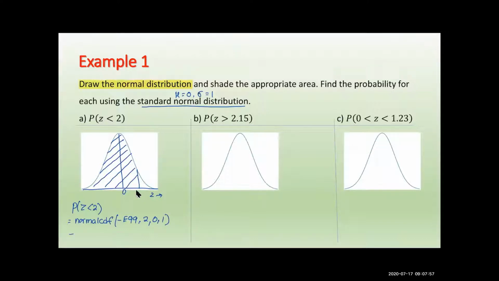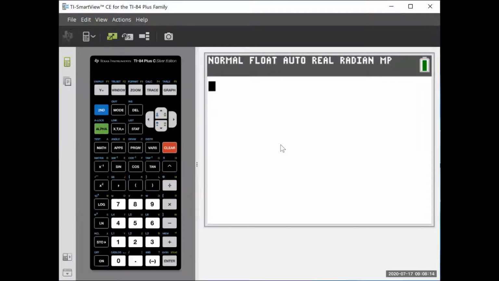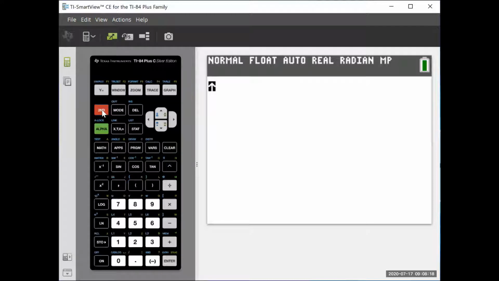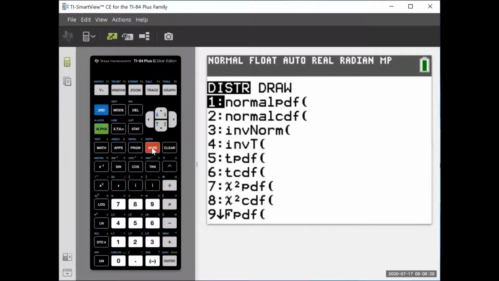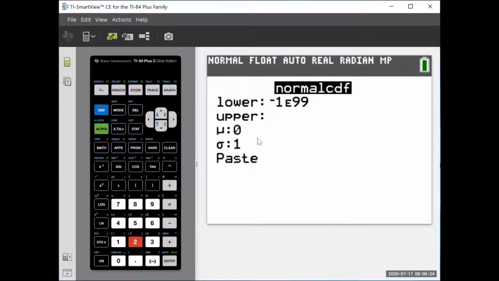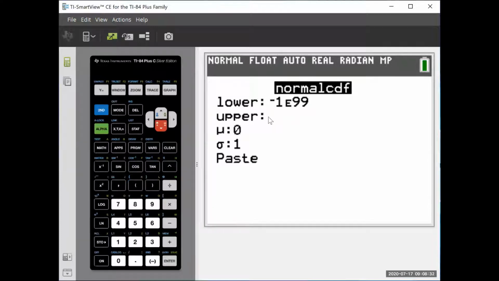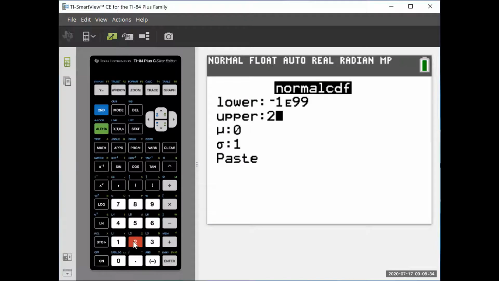Now if we type that in our calculator, what do we get? So here in our TI-84 calculator, please follow along with me. We go to second, and then we go to vars, then number 2. So lower limit is negative E99. I already have that here, negative 1 E99 or E99, it's same thing. Upper limit is 2, so we put 2 there.